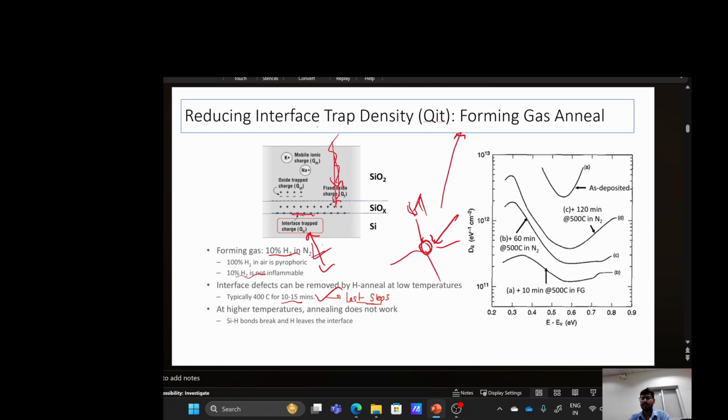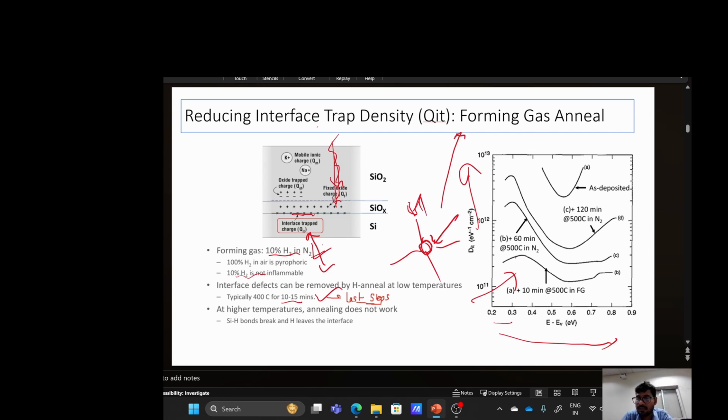Okay, and one more thing, this is the annealing in forming gas, this is the interface trap density, and this is E minus EV, which is the difference between the valence band and the energy. So we are going from the valence band towards the conduction band.